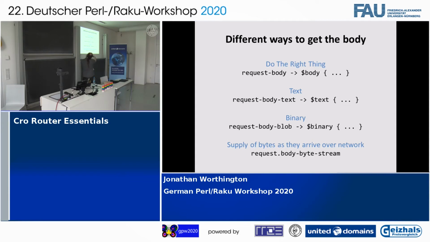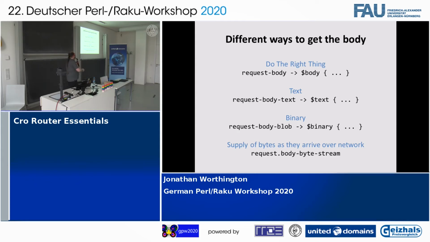So the do the right thing way is just to say request body and give it a block that receives the body. This will automatically go and try and figure out what to do with that request body by finding a body parser for it. If you know you just want a string, you say request body text. If you know you just want the bytes, you can say request body blob.